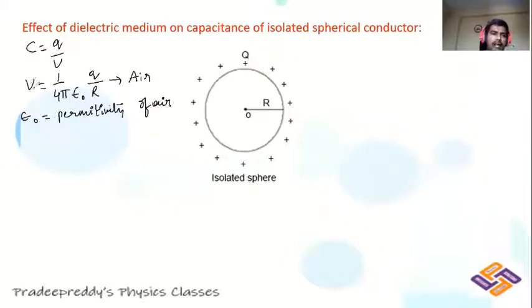So potential, I am considering it as V1. It is 1 by 4 pi epsilon naught Q by R. This is in air medium.